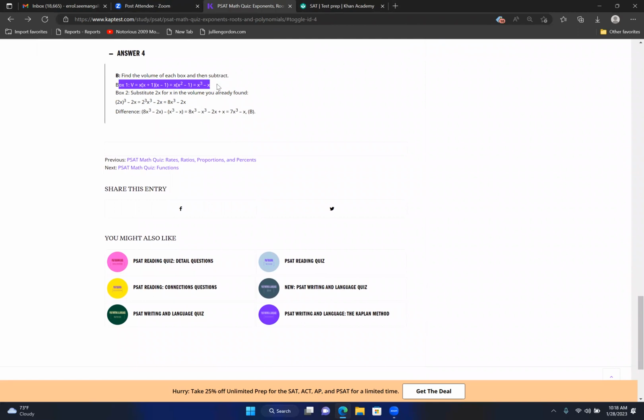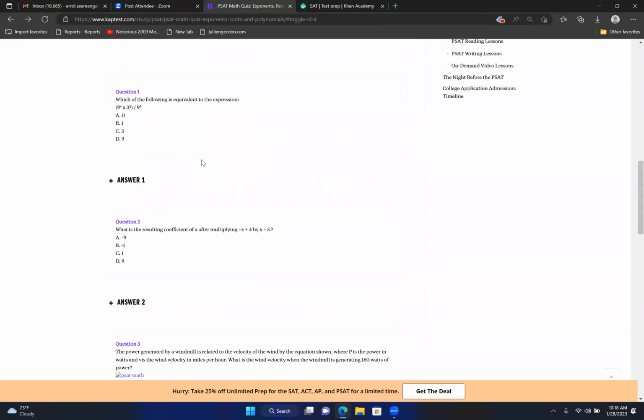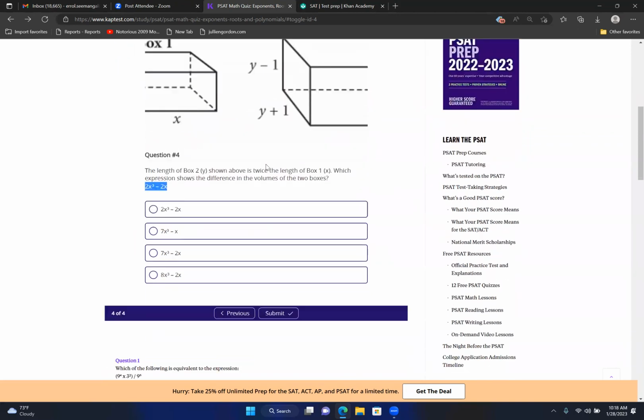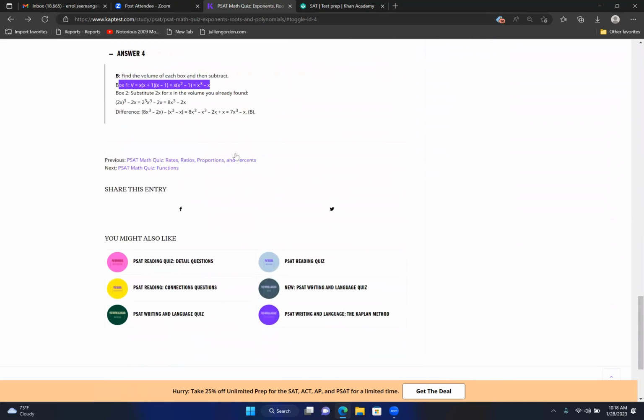Box 1 volume is x. Oh, they have y actually. They put y in the picture, not x. They meant x here, right? This should be x, x minus 1 and x plus 1. They wrote y there. Volume of 1 is just the 3 numbers multiplied by each other, so we'll get x cubed. So they got the wrong label in the diagram.